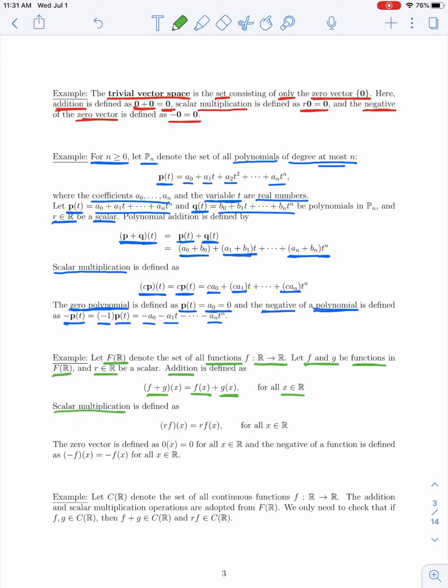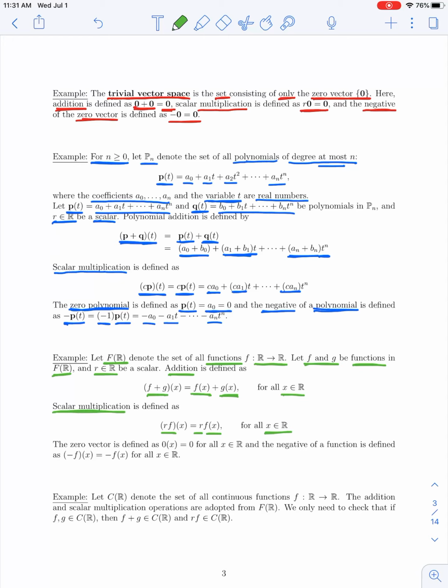And the scalar multiplication for this space would be defined as the function rf of x is equal to the scalar r times f of x for every x in the real number line.